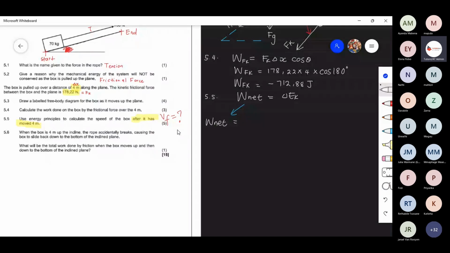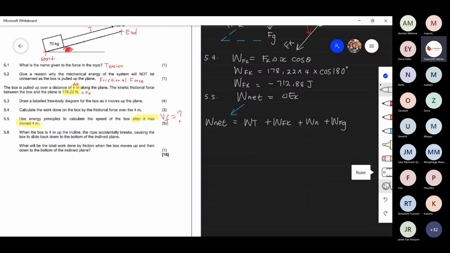Now we know that work net is the sum of all our individual forces. So we need to calculate the work done by tension force, the work done by frictional force, the work done by normal force, and the work done by gravitational force. So work net is equal to the work done by our tensional force plus the work done by Fk plus the work done by normal force plus the work done by Fg.